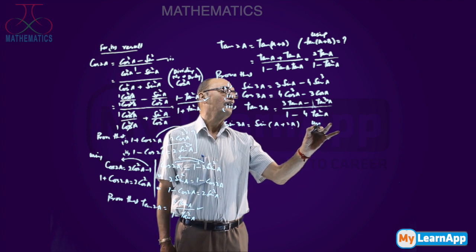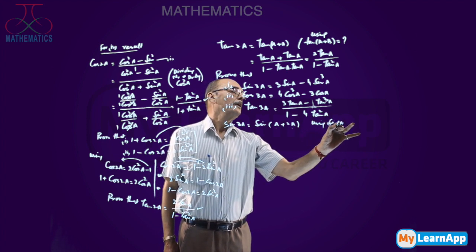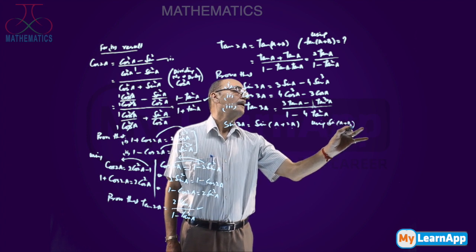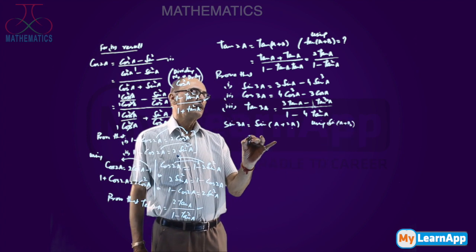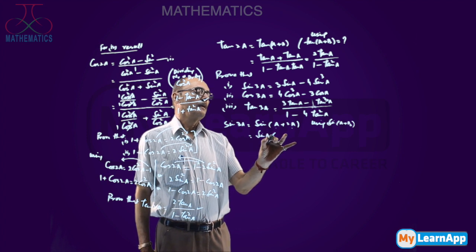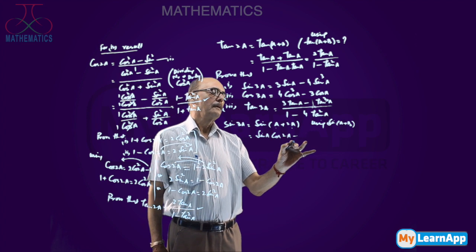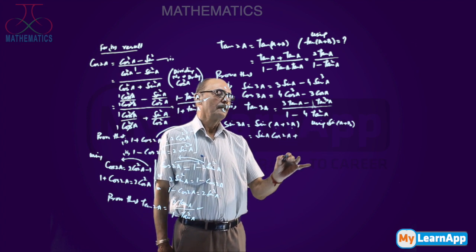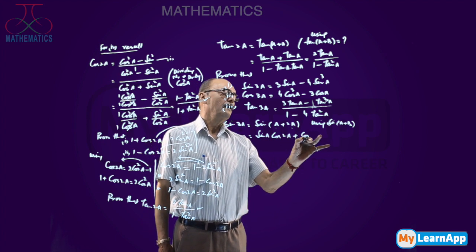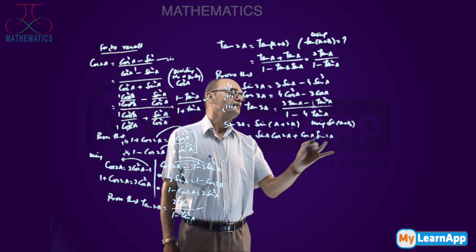Using sin of A plus B, this is sin of the first angle, cos of the second angle, plus cos of the first angle, sin of the second angle.